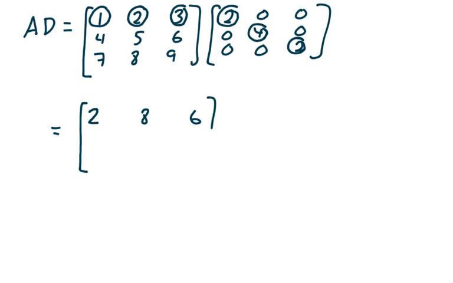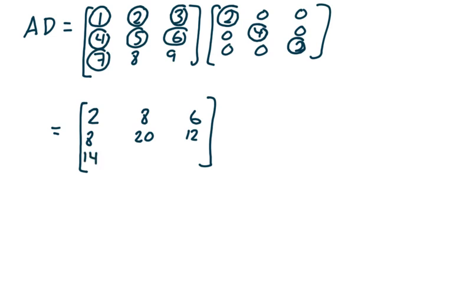Now, we can go this way, right? If we go to the second row, I'm going to take 4 times 2 again, 8. 5 times 4, 20. 6 times 2 is 12. That's the second row. To get the third row, I'm going to take 7 times 2.